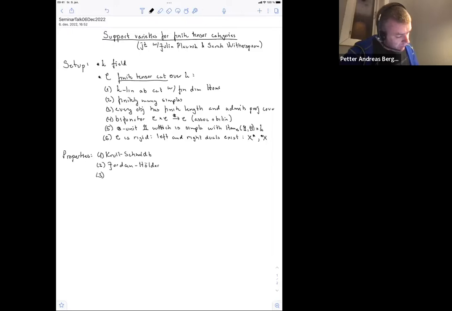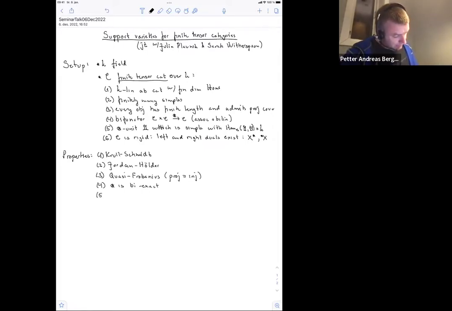The category is quasi-Frobenius. So this means just that the projective objects are the same as the injective objects. The tensor product is bi-exact. So it preserves exact sequences in both arguments.